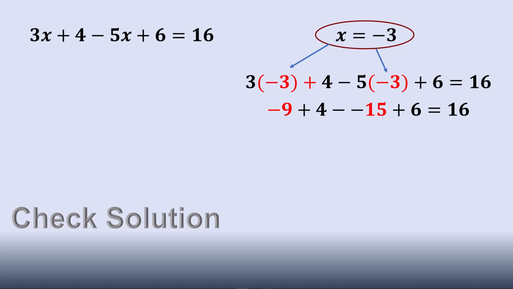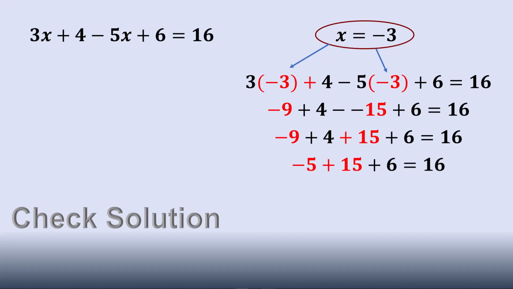The minus negative in the expression becomes plus. So now our new equation is negative 9 plus 4 plus 15 plus 6 equals 16. We start adding the values. Negative 9 plus 4 is negative 5. Negative 5 plus 15 is positive 10, and then 10 plus 6 is 16, and the equation checks out.